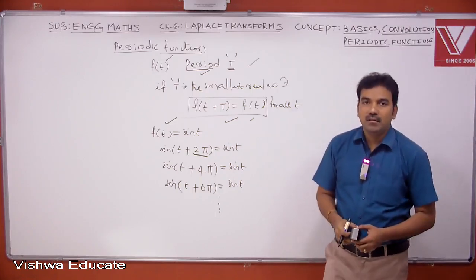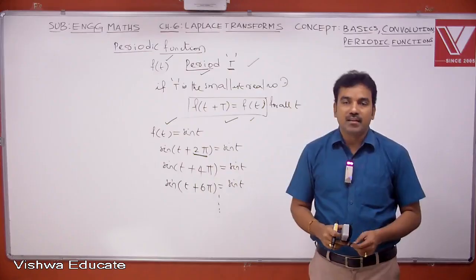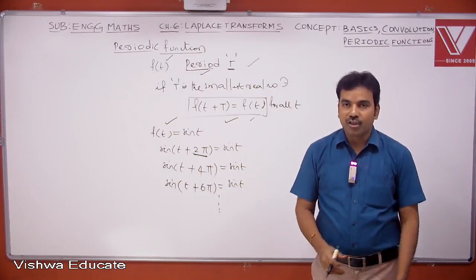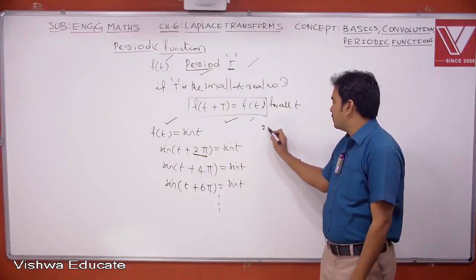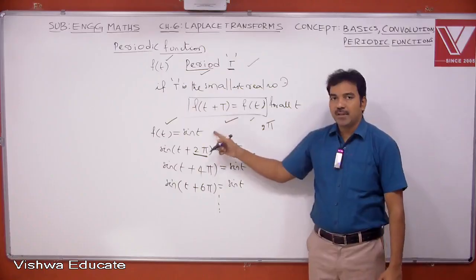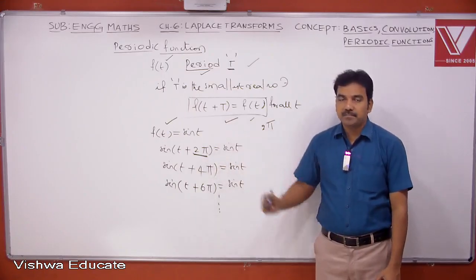Example: f of t equal to sin t is a periodic function with a period 2 pi.